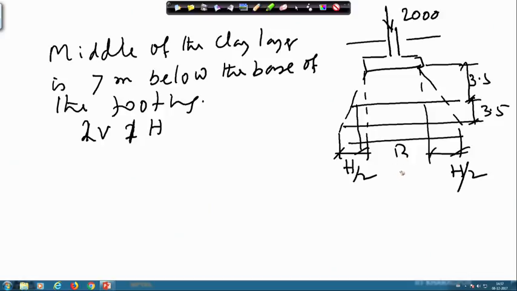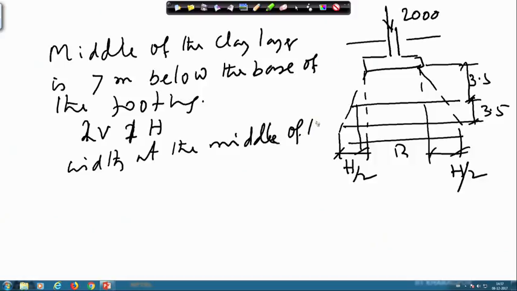So, b plus h by 2 plus h by 2, ultimately the width at the middle of the layer will be equal to B, which is 2.5, plus your depth 7. So, it is 9.5 meter.